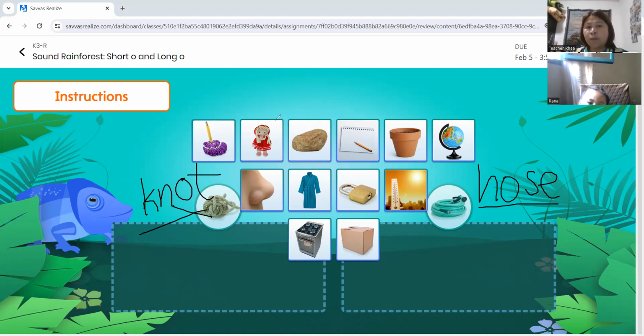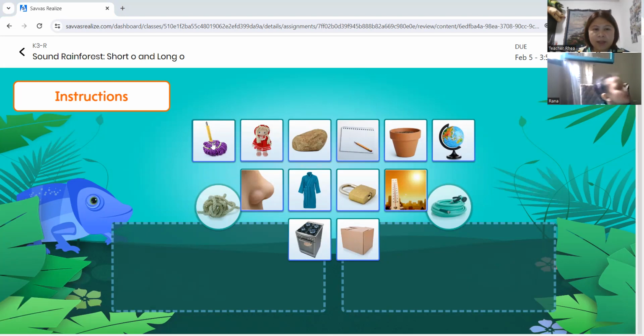The short O pictures will be put under the knot, and the long O pictures will be put under the hose. Are you ready? Yes. So the first picture is, how do you read this?